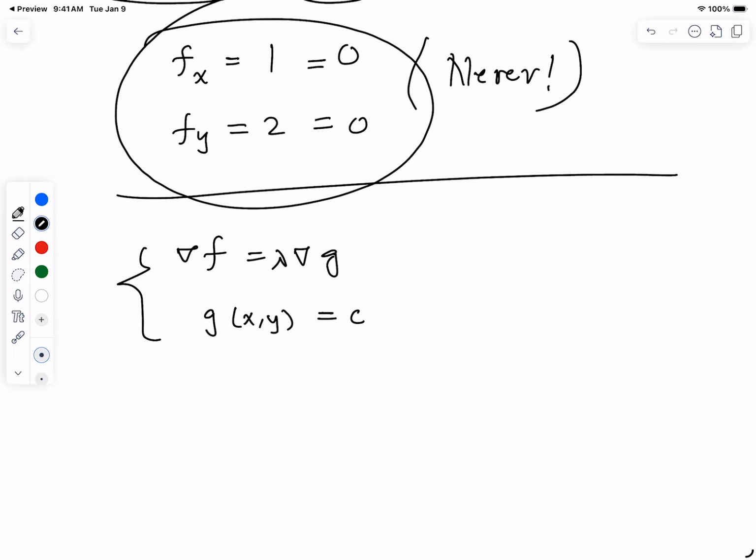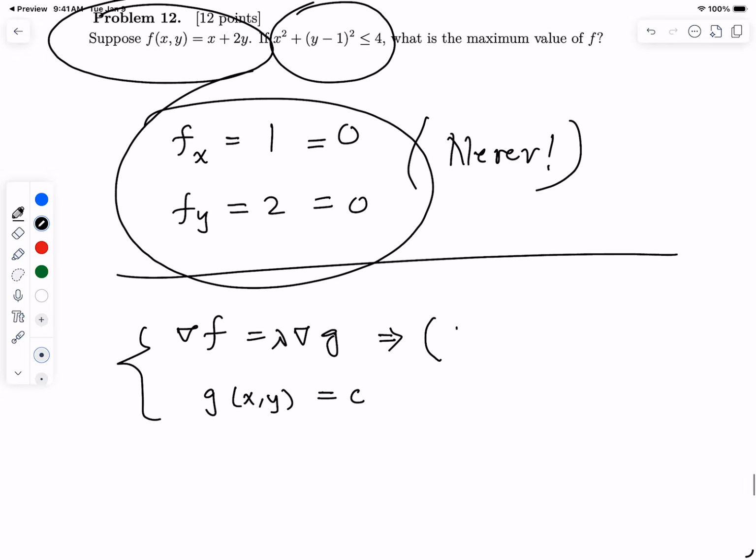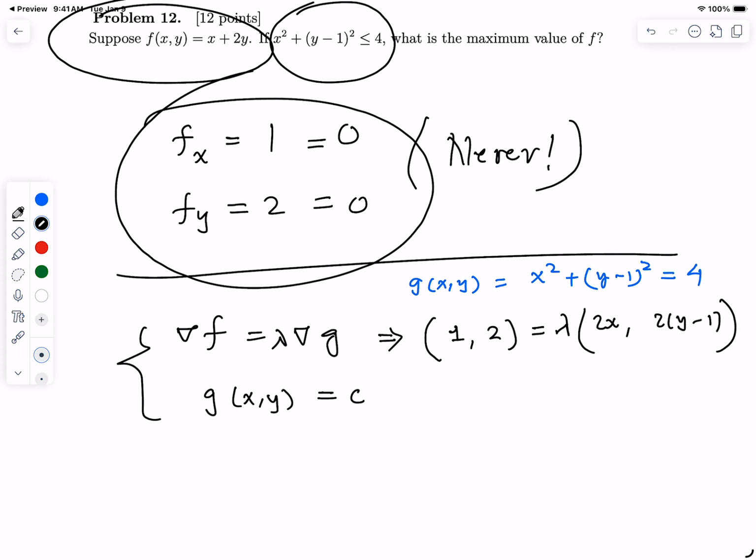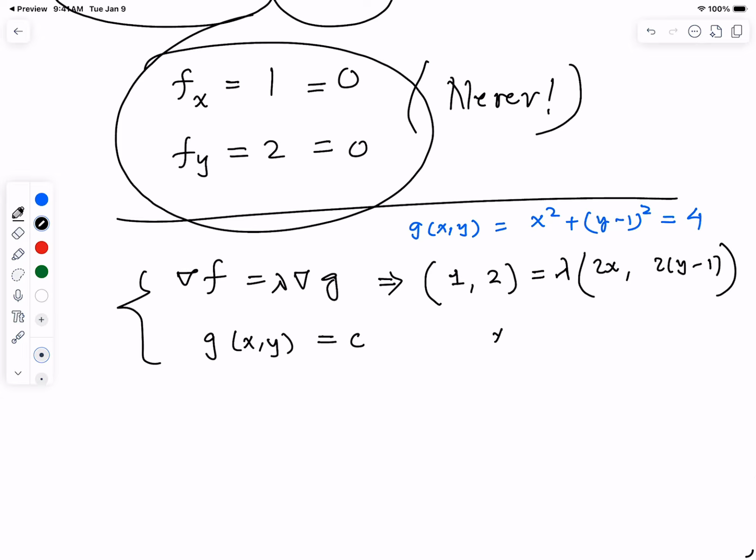The gradient of f, partial derivative with respect to x, partial derivative with respect to y, is equal to lambda times the gradient of g. Let me write g here. g of x comma y is equal to x square plus (y minus 1) square equal to 4. The partial derivative with respect to x is 2x, with respect to y is 2(y minus 1), and I have x square plus (y minus 1) square equal to 4.